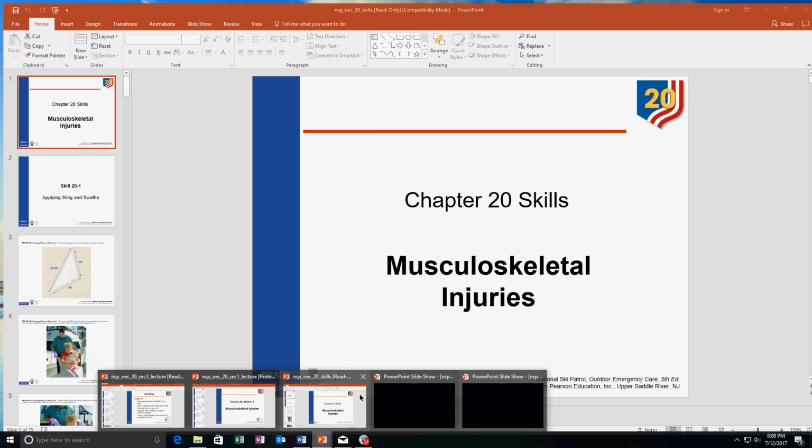In the back of each chapter, you have a skill guide for different skills, like splinting an upper extremity. Print those out, tear them out of the book, whatever you want to do. But when you're practicing your assessment and skill, use those as a guide. Something else you might want to consider if you're going to be at the mountain: in the evening, sometimes 4 or 5 of us would get together.